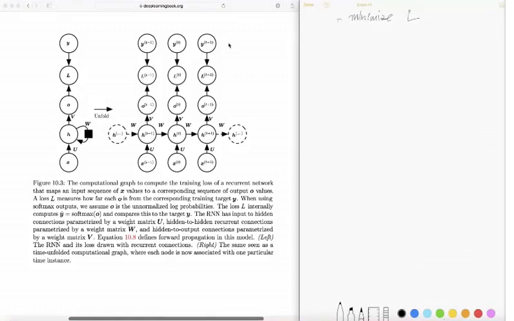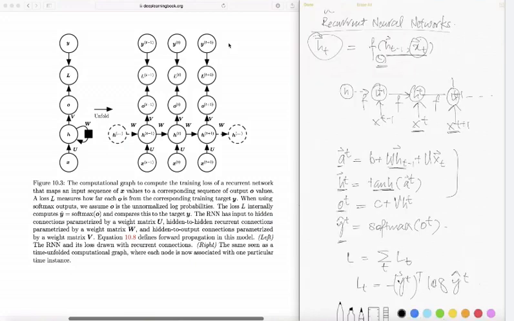Which is minimize, sum over t. Theta over here is, what is theta over here? So what are the network parameters? You can see them in the previous equation.